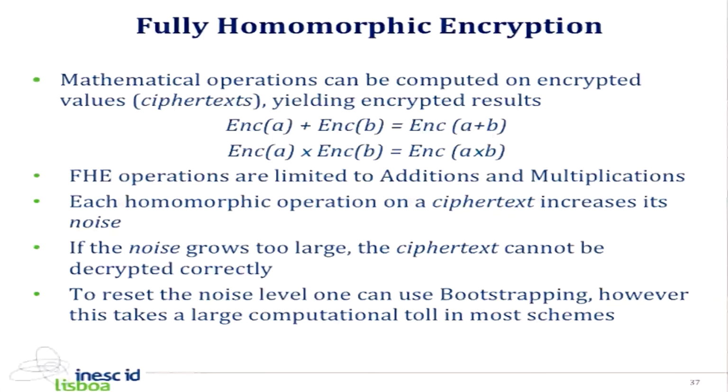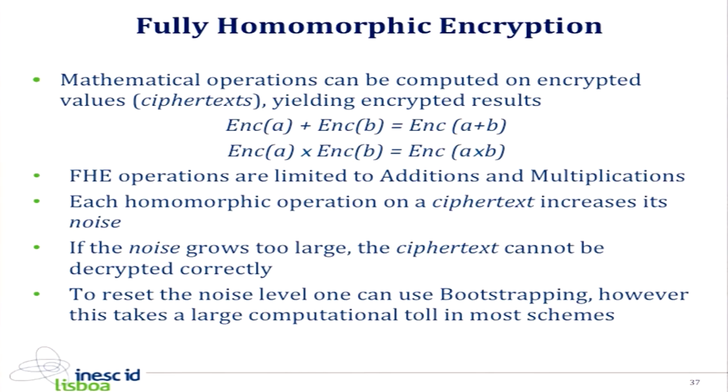So they are limited to additions and multiplications. And each homomorphic operation on a text, on a feature vector, for instance, increases what is called the encryption noise. So if the noise grows too large, there may be a point in which you cannot decrypt the results, so you have to control it.